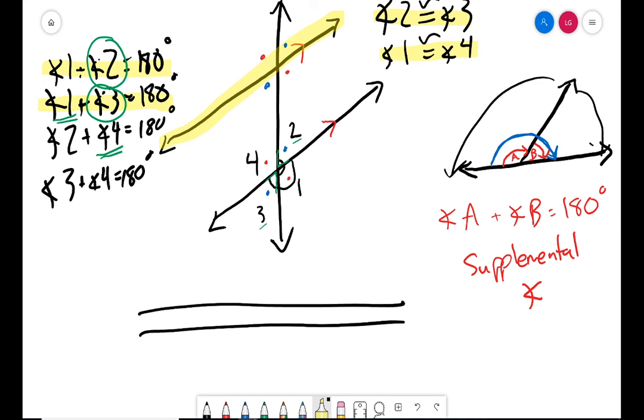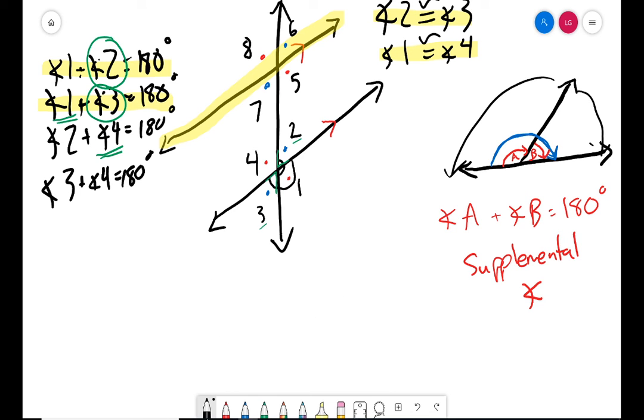Now let's take advantage here of the fact, and let me first start by labeling some of these. We'll call this angle 5, angle 6, angle 7, and angle 8. I'm also going to erase this just to give myself a little bit of space. Angle 5, angle 6, angle 7, angle 8, going to label.